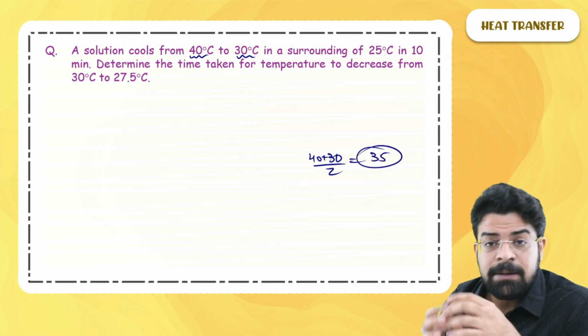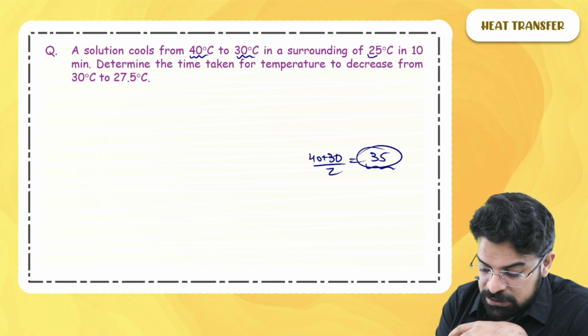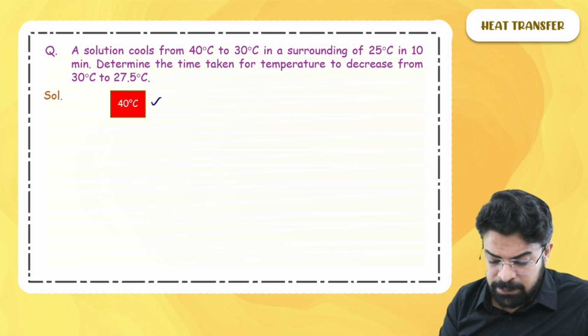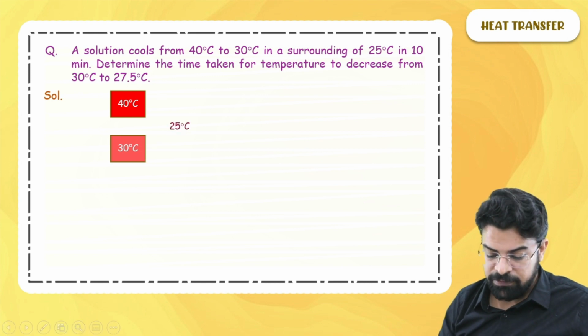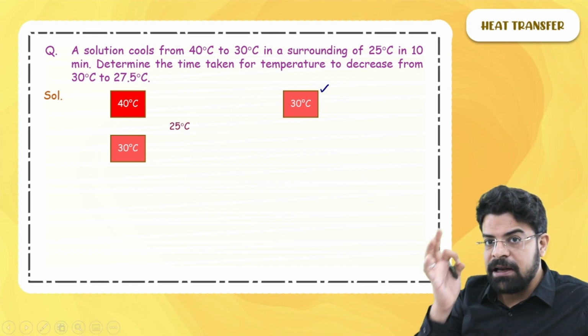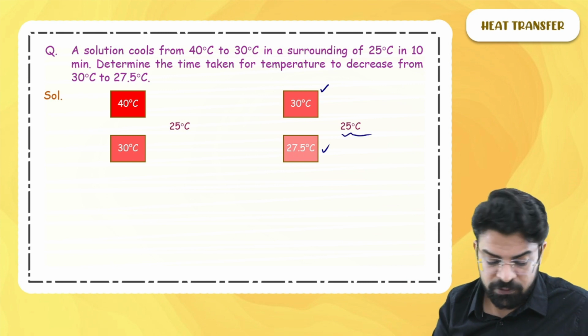So the average temperature difference between the body and surrounding will be 35 minus 25, that will be 10. So you can write, as the body cools down from 40 to 30 in a surrounding of temperature 25, and they are asking what will be the time taken as the body cools down from 30 to 27.5 in the surrounding of 25.